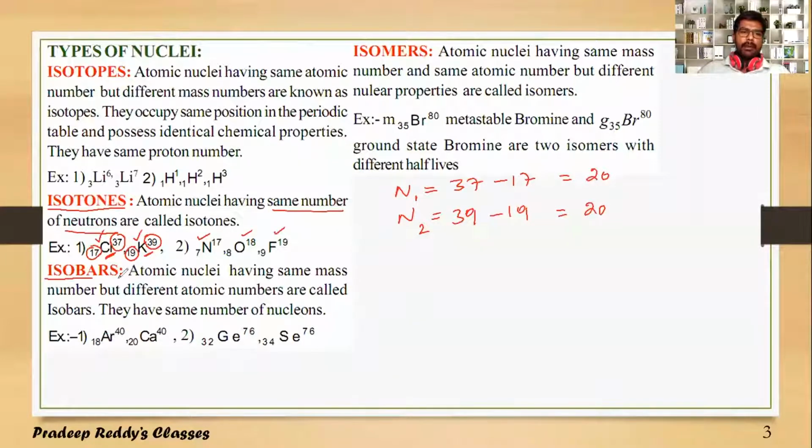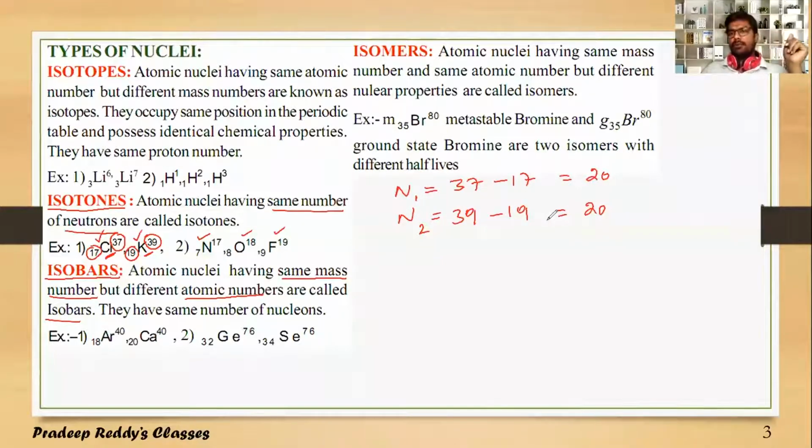Likewise, you have isobars, the atomic nuclei having the same mass number but different atomic number. They are called isobars and they have the same number of nucleons. The total number of nucleons is the sum of protons and neutrons.